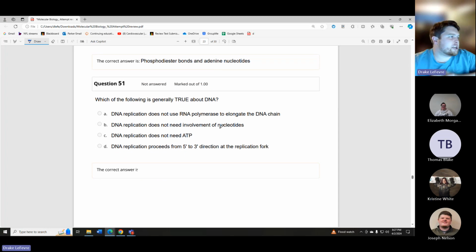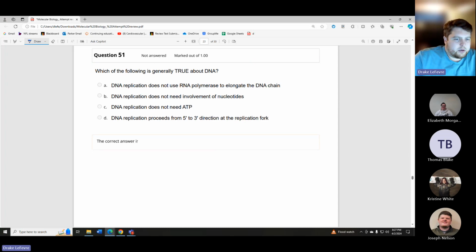Which of the following is generally true about DNA? DNA replication does not use the RNA polymerase so long as the DNA chain. DNA replication does not need involvement of nucleotides. DNA replication does not need ATP, or DNA replication proceeds from 5' to 3' direction at the replication fork.